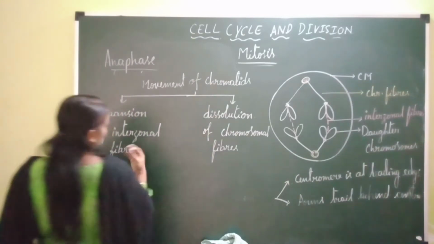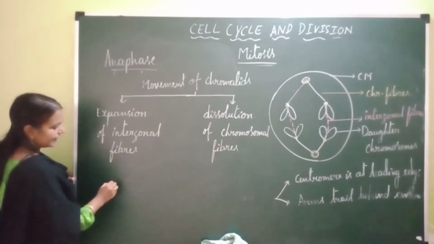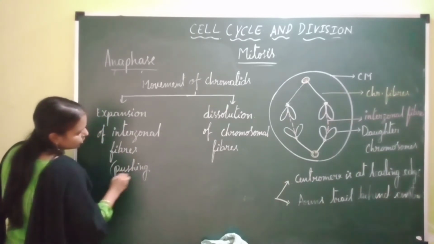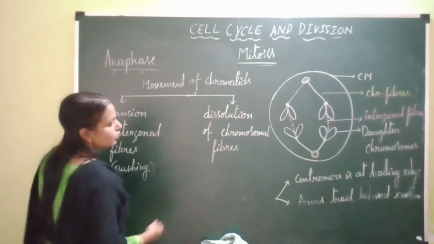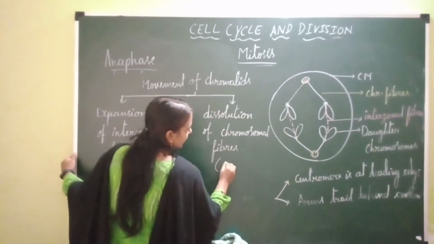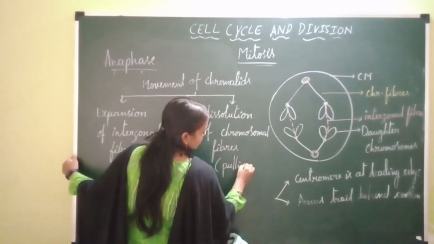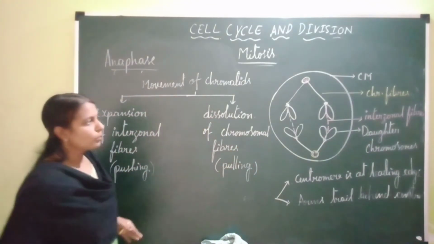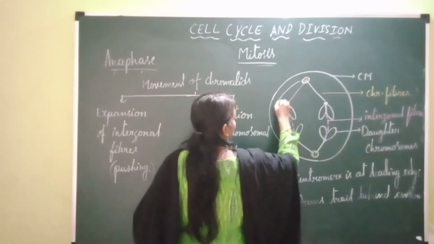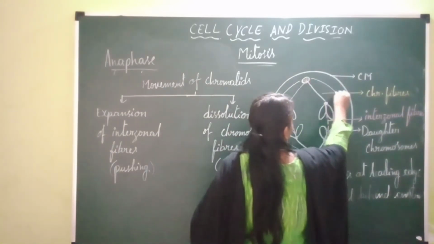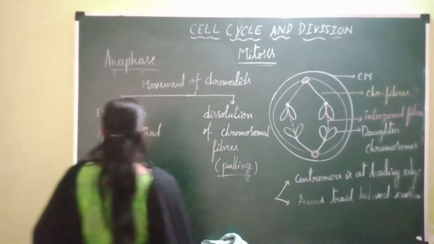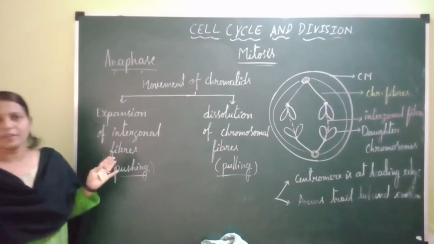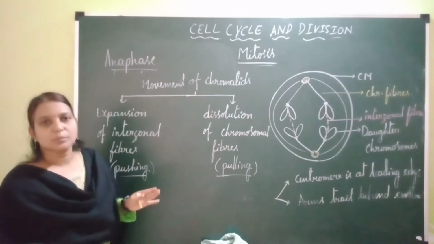So the interzonal fibers are pushing the chromatids towards two opposite poles, whereas the chromosomal fibers are pulling them. So the chromatids move by both pushing and pulling, and by the end of anaphase they reach the two opposite poles of the cell.